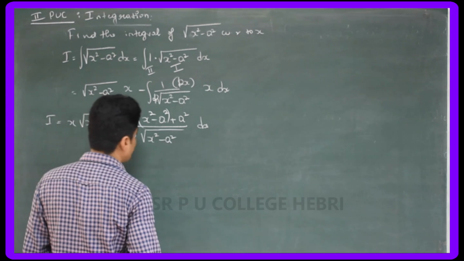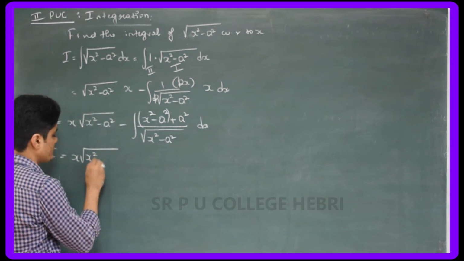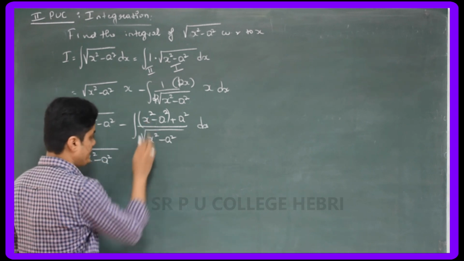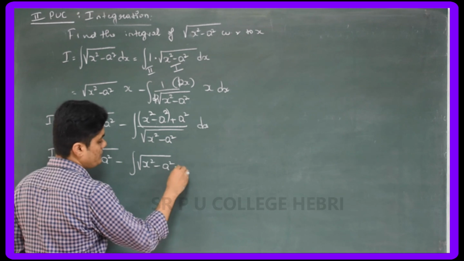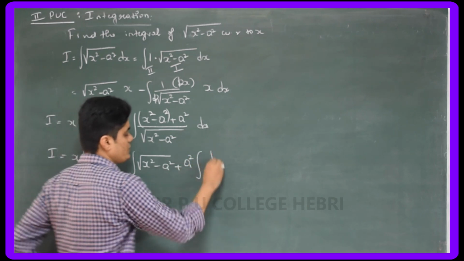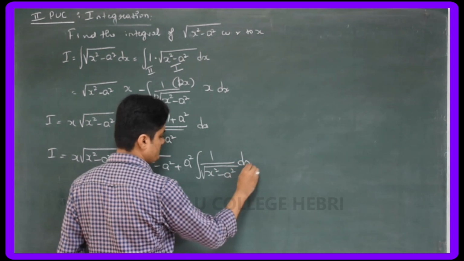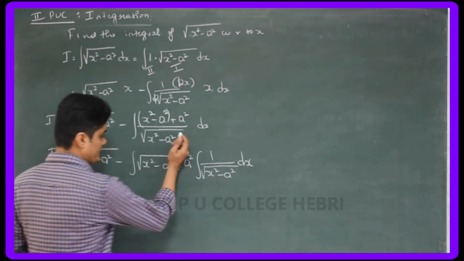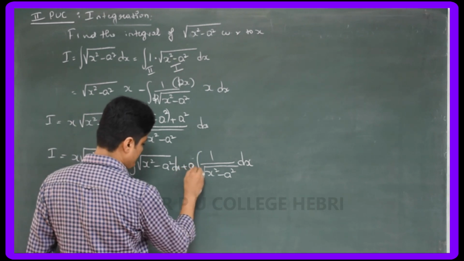Now this you can split into 2 parts. So I is equal to x into root of x square minus a square, minus, x square by root of x square minus a square, that is, x square minus a square plus a square by root of x square minus a square, so plus a square will be outside, 1 by root of x square minus a square. Here only I'll write dx so that you can skip one step. It is allowed, nothing to worry.